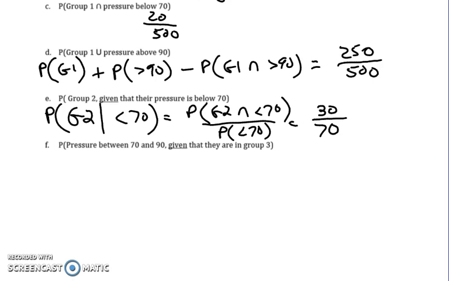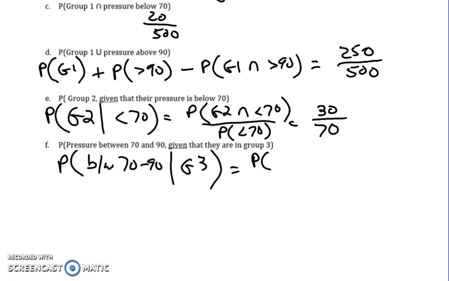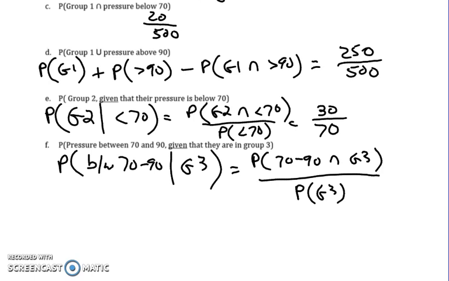In F, you have the probability that they are between 70 and 90, given that they're in group 3. So the probability that they are between 70 and 90 and in group 3 divided by the probability that they are in group 3.